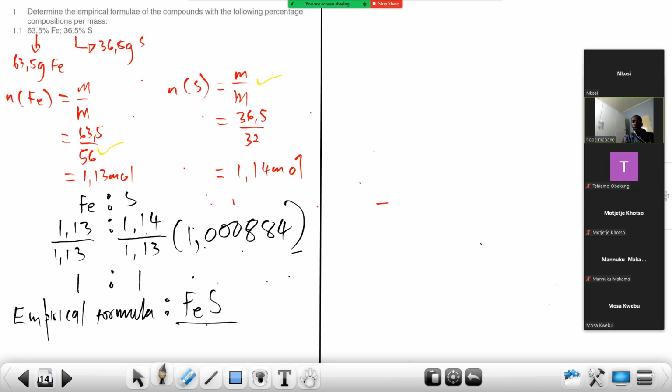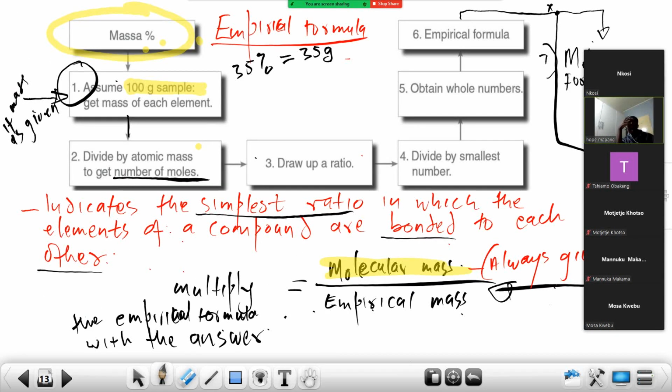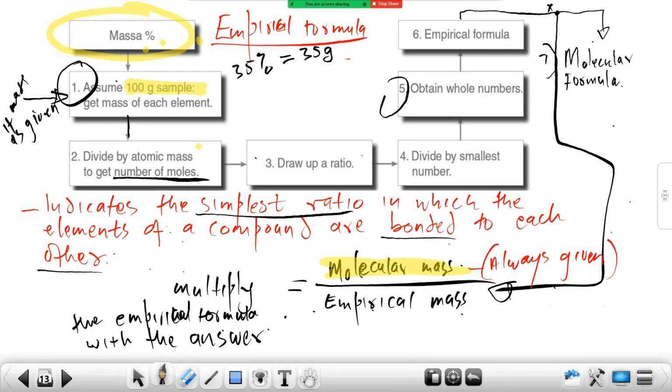But if I got something like 1,9, remember it says here we must obtain a whole number, not a decimal number, at step number 5. Okay, thank you very much, sir. Then you can switch off your camera.